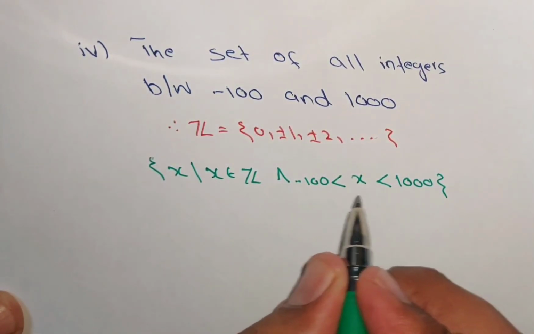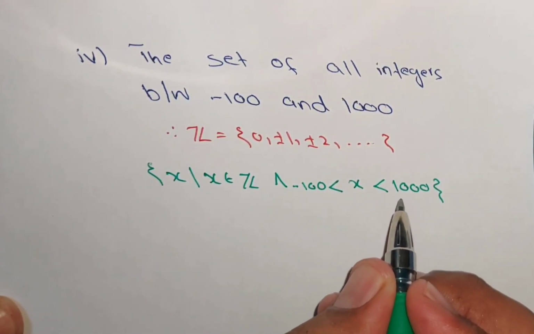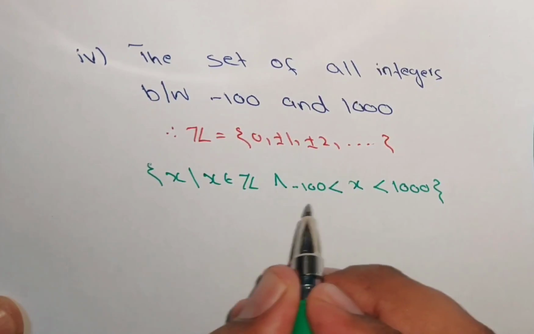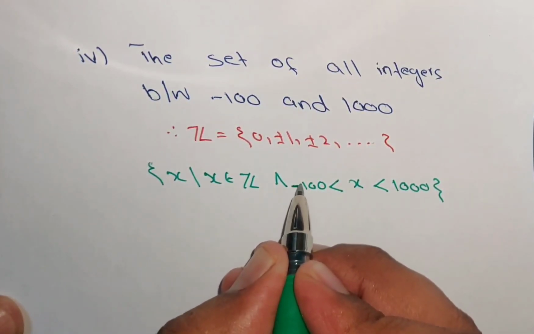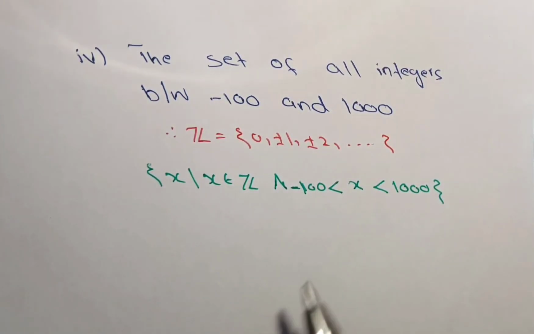So we take numbers between these. We cannot take minus 100, and similarly we cannot take 1000, but we can take 999. So this is the simplest form, and this form is known as the set builder form.